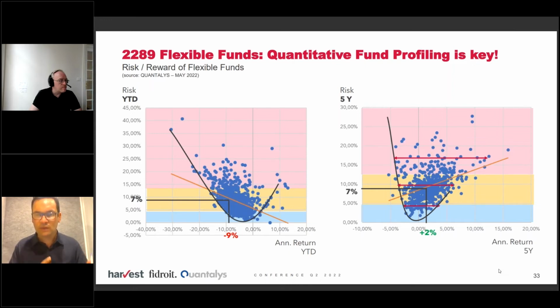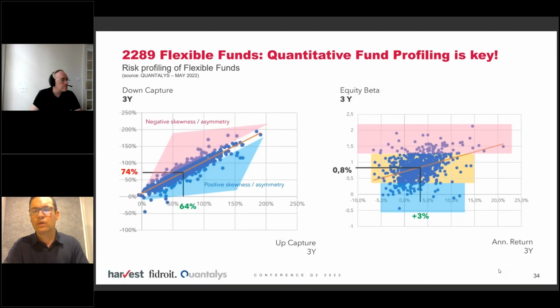So clearly, you have to cluster and analyze eggs with eggs, to better understand and better compare in a peer group. On the next slide, we analyze a similar situation with fund profiling.